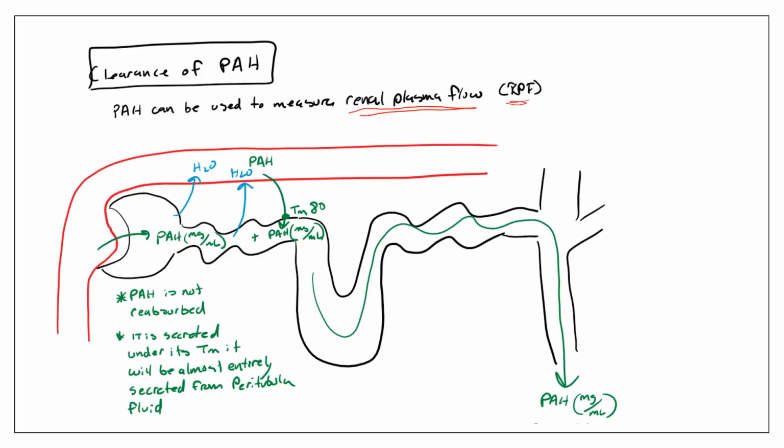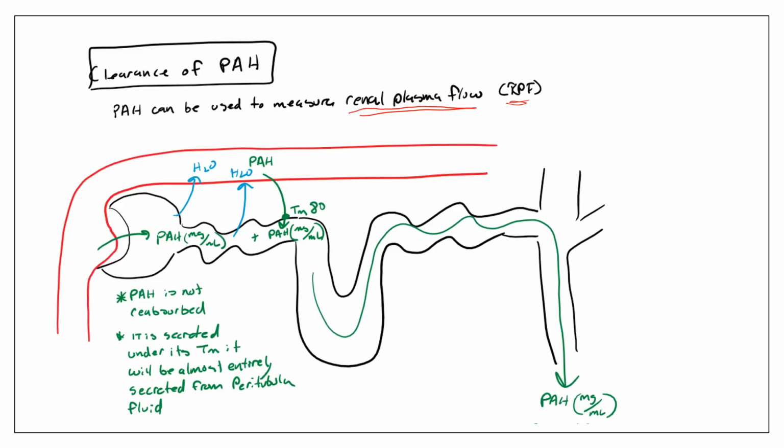I've been using that, again, in the early examples in this lecture, at about 600 mils per minute under standard conditions, okay? So the renal plasma flow, remember, is not only the entire plasma that's in the peritubular capillaries, but also the plasma that got filtered in. So the total of the filtrate, which is the GFR volume, plus the volume in the peritubular capillaries is going to be our total renal plasma flow.